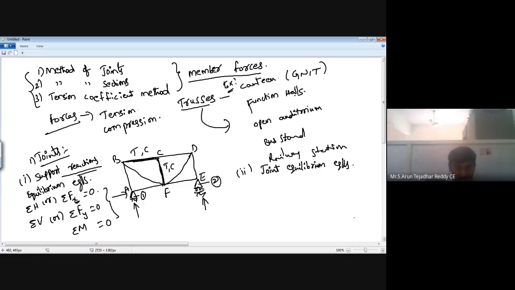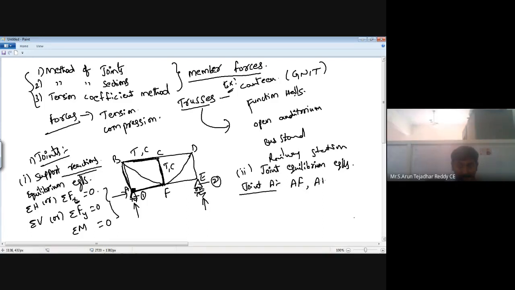First of all, I need to consider joint A. In this joint A, how many members are available? First, you need to find how many members. After finding the members, next calculate the member forces. See, in joint A, from A to F one member is acting, and from A to B another member is acting.